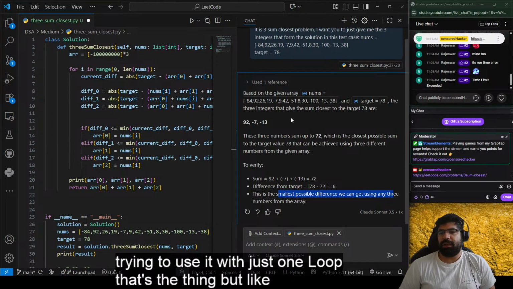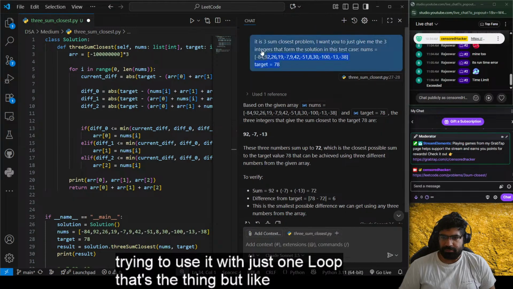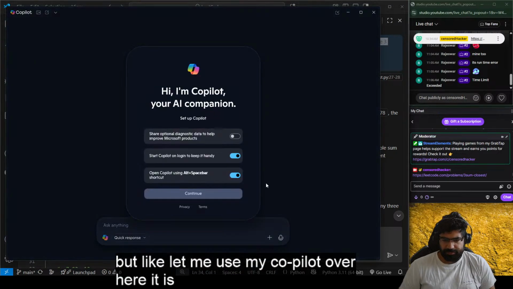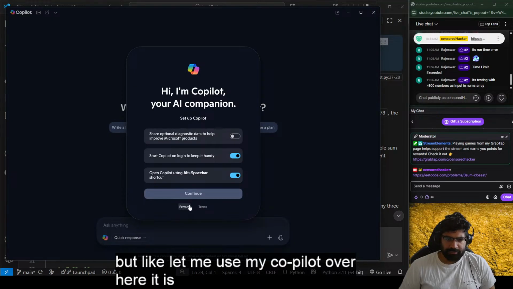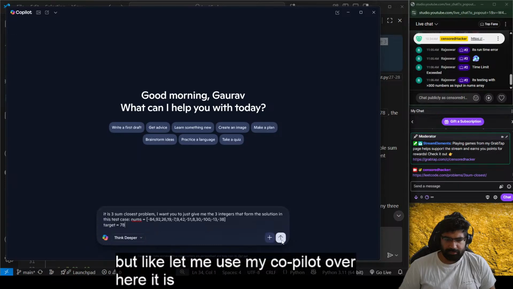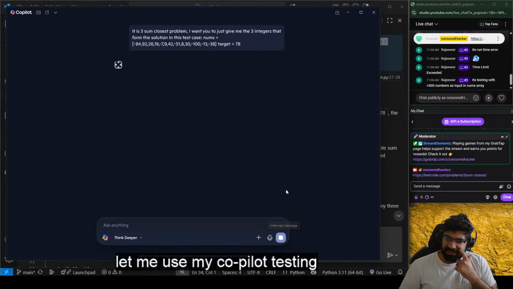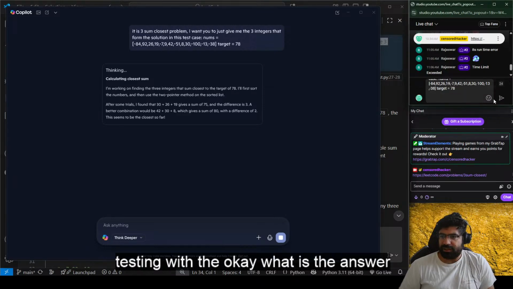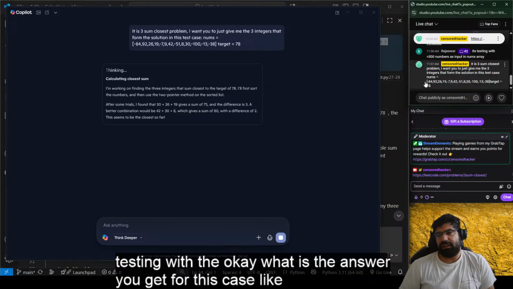But let me use my copilot. Oh, here it is. Is testing with the okay. What is the answer you get for this case? What are the three numbers?